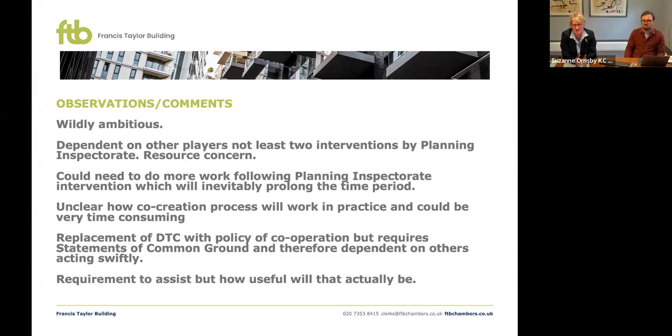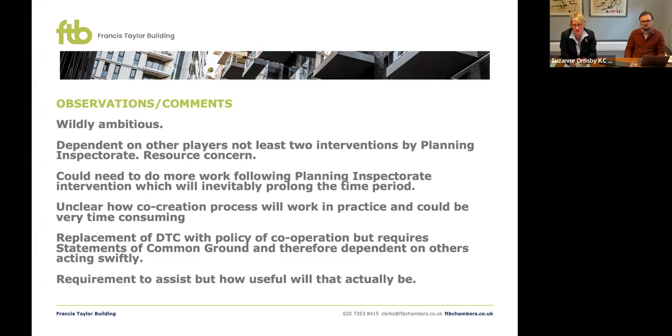But you can see that the plan making is dependent on other players, not least 2 interventions by the Planning Inspectorate through the gateway assessors. That's a resource concern. We all know how difficult it is to source planning inspectors, etc. So I'm not quite sure how that's going to work out.